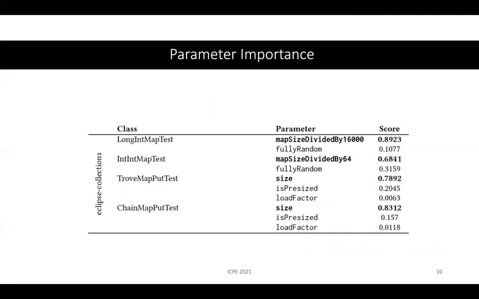Now, after analyzing the impact of individual parameters in isolation, we assess the relative importance of the parameters in benchmark classes with multiple parameters. So the score here is related to the parameter importance. We rely on embedded feature selection, which relies on a machine learning model to measure how each parameter contributes to the performance value.